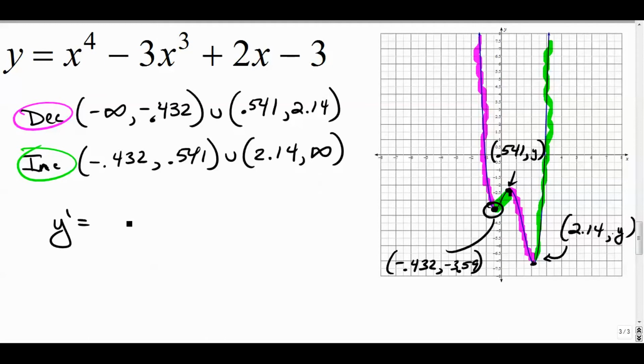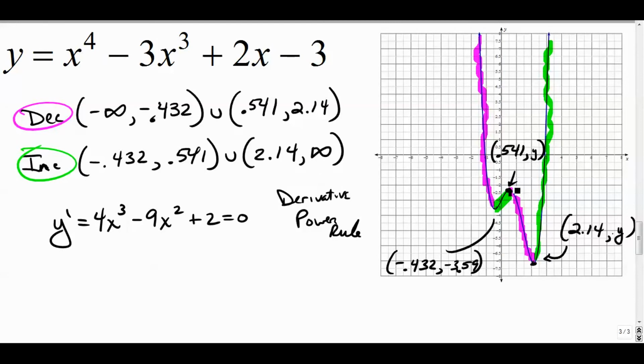And very quickly here, if you wanted to do the derivative of the function, you just get 4x to the third minus 9x squared plus 2. All right, if that is a little confusing to you how I got that, look for my derivative video on the power rule. We find the derivative because if we set the derivative equal to 0, that's where our tangent lines are going to be horizontal.